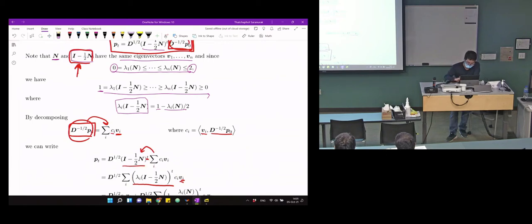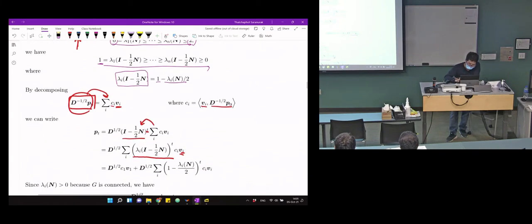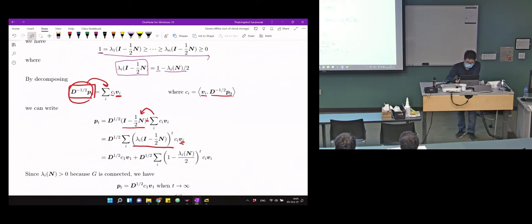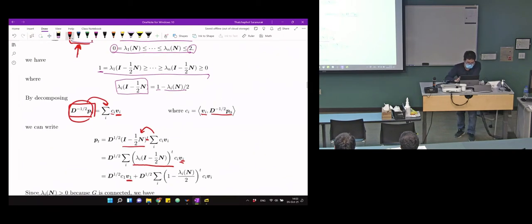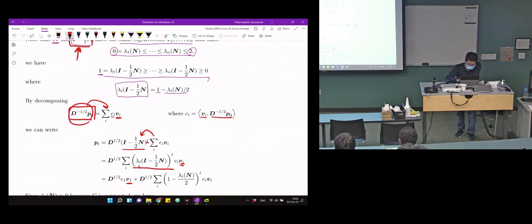And now it's looking good, because for the first direction, we know the first eigenvalue is just 1, because you see, this is just 1.